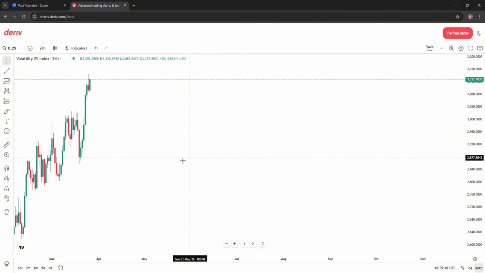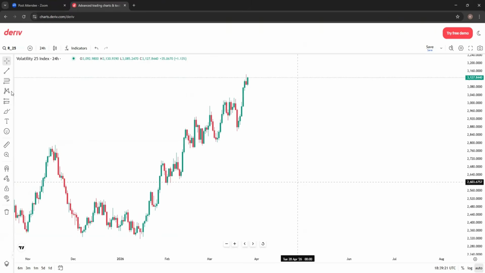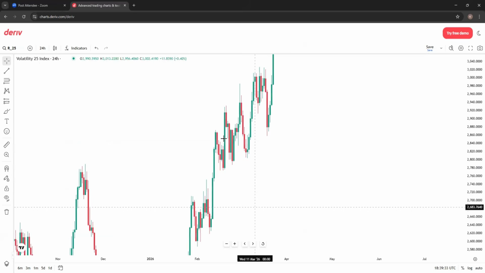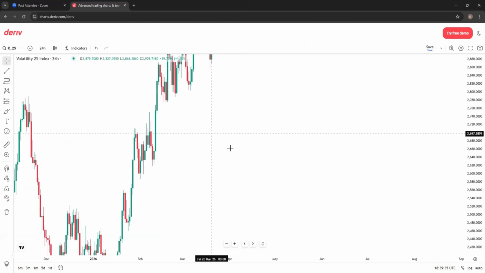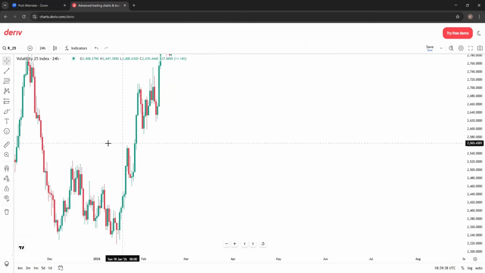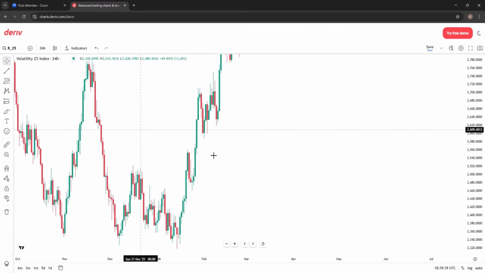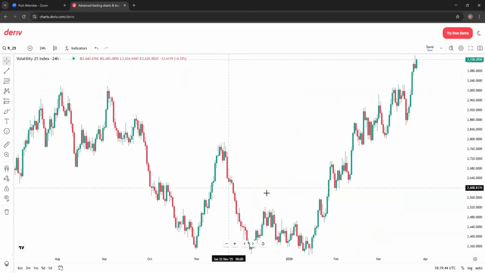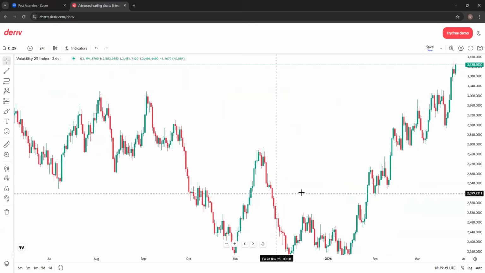So we have what we call confluences, or things that align with our fib. Confluences are not only just fibs, but a confluence is a supporting factor, something that can make us buy or sell, right?